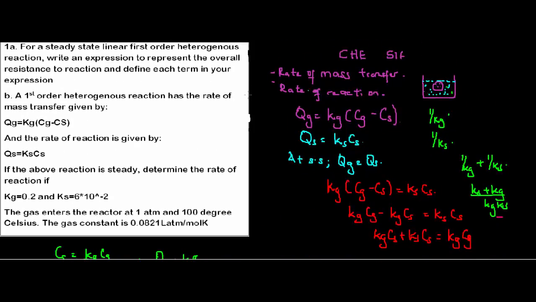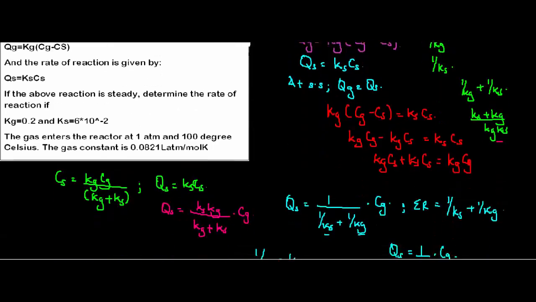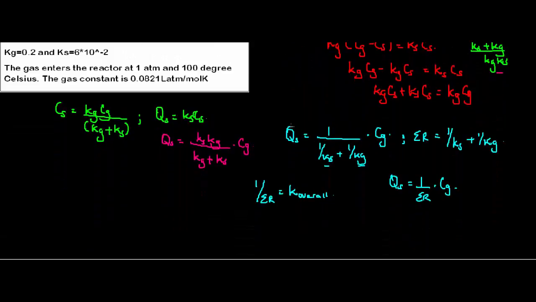You were asked to write an expression for the overall resistance to reaction and define each term in your expression. The define part is simply saying Qs is the rate of reaction, Kg is the mass transfer coefficient, Ks is the rate transfer coefficient, and Cg is the concentration of gas.